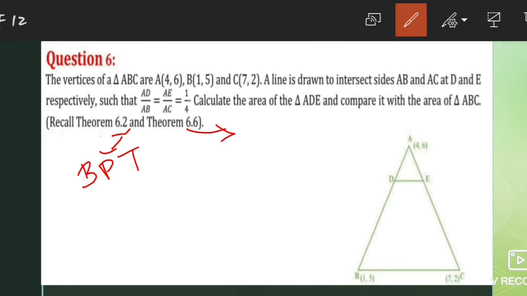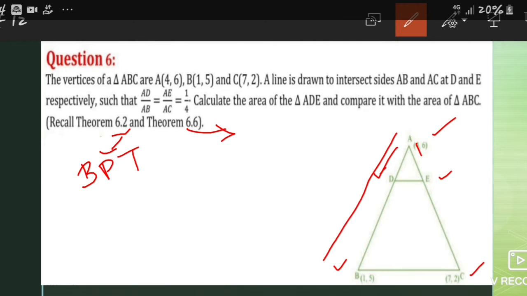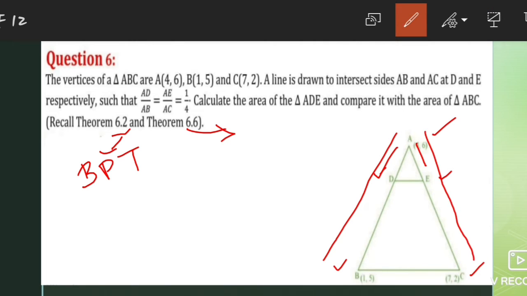Okay, now what is given in this triangle ABC? The coordinates of A, B, C are given. Here D and E are points on sides AB and AC respectively, such that AD by AB is equal to AE by AC is equal to 1 by 4. You have to find the area of triangle ADE and compare it with the area of ABC.